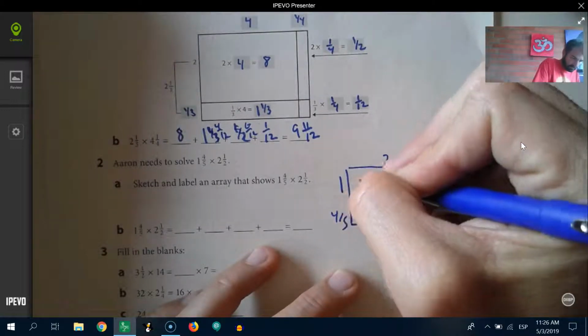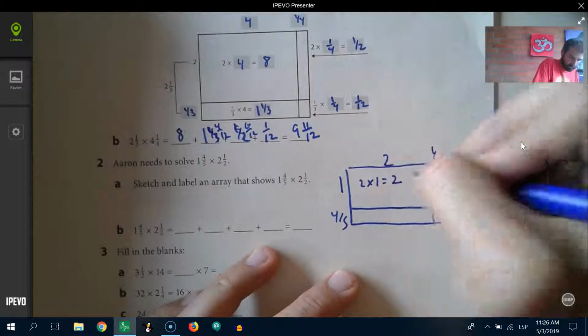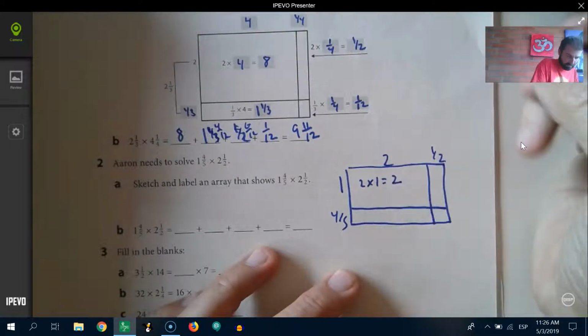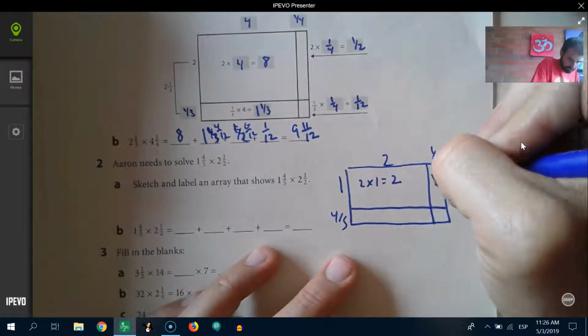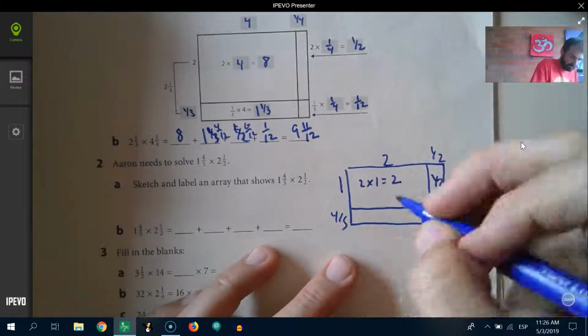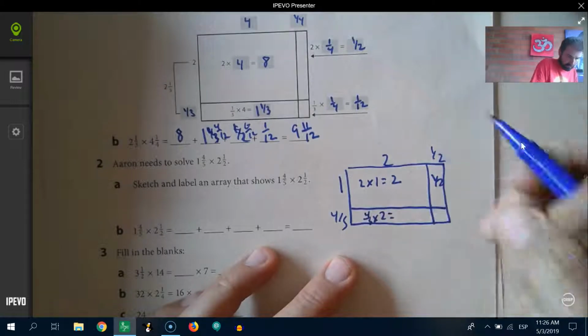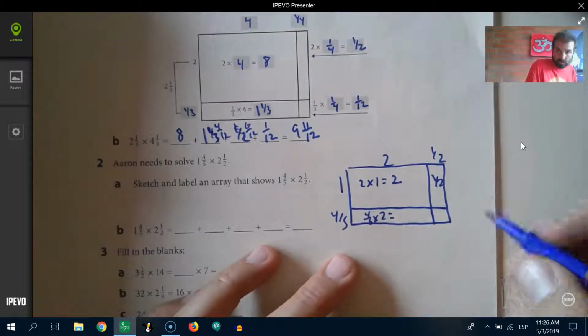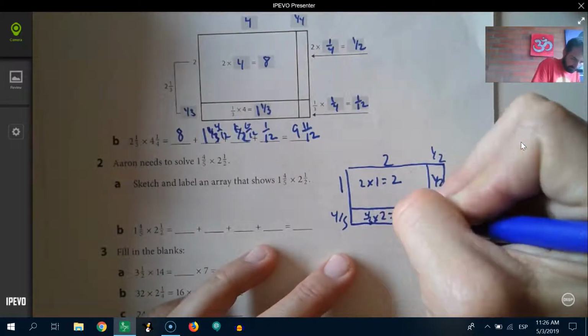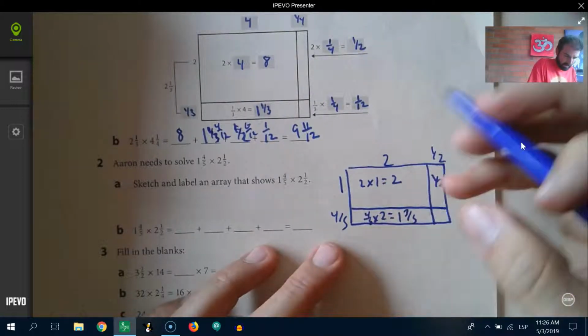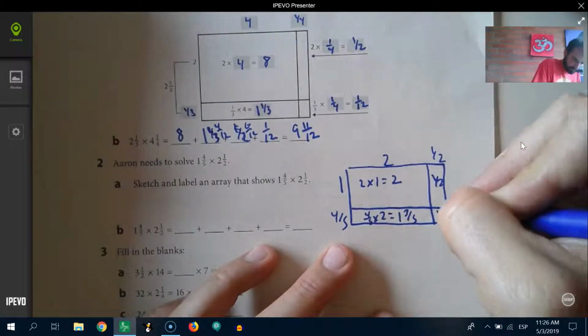So this is 2 times 1 equals 2. We should put 1 first. 1 times 1/2, which is going to give me 1/2. 4/5 times 2, which is 8/5, which would be 1 3/5. And 1/2 times 4/5 is 4/10.